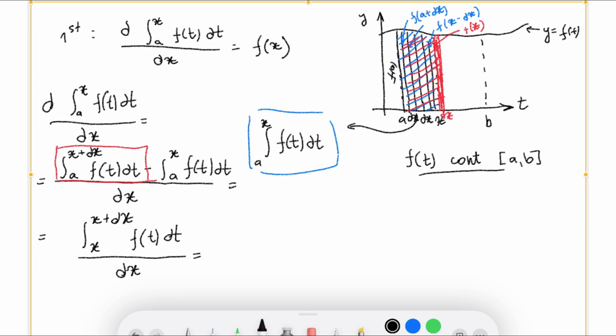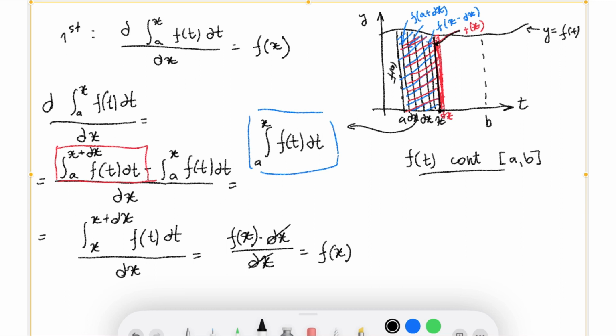This is nothing else but the width of this rectangle, the length, sorry, of this rectangle, which is f of x, because this is in the point x we are looking at. So this is f of x times our width, which is dx always. And because we have in our denominator also dx, these two will get cancelled out, and we will be left with f of x.